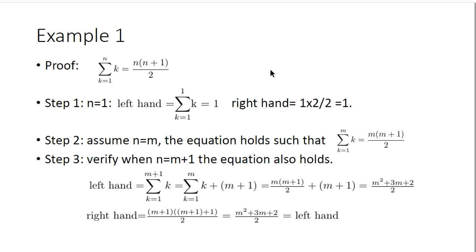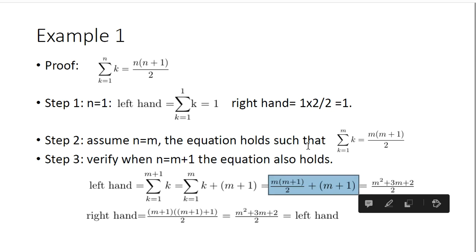The sum of k from 1 to m is equal to m multiplied by m plus 1 divided by 2. Then if you simplify this formula, you will get the numerator is m squared plus 3 multiplied by m plus 2, divided by 2. So that's the left hand.